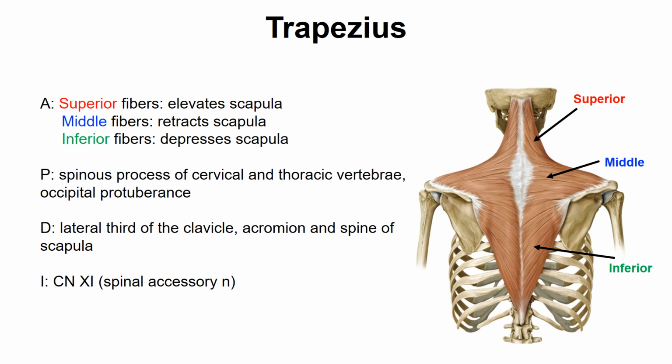These will continue that kind of diamond shape by attaching to the spine of the scapula, wrapping around to the acromion, and then all the way in front to the clavicle. So it has a very broad attachment area.